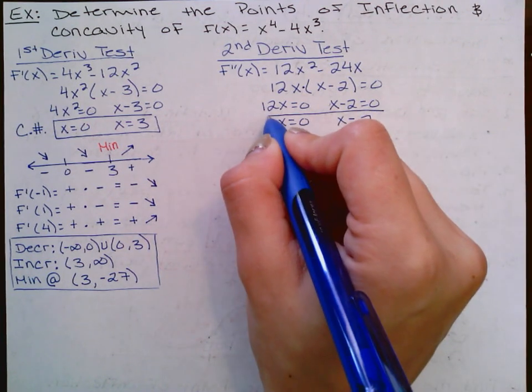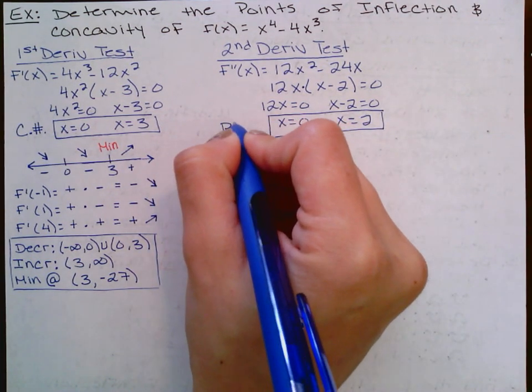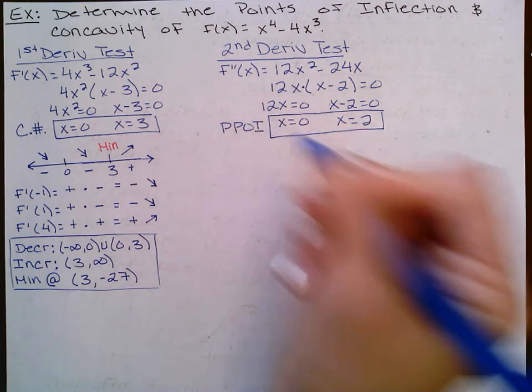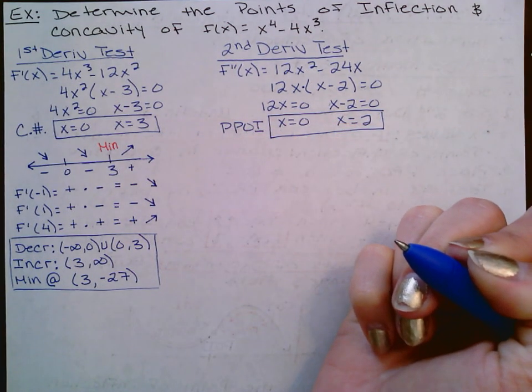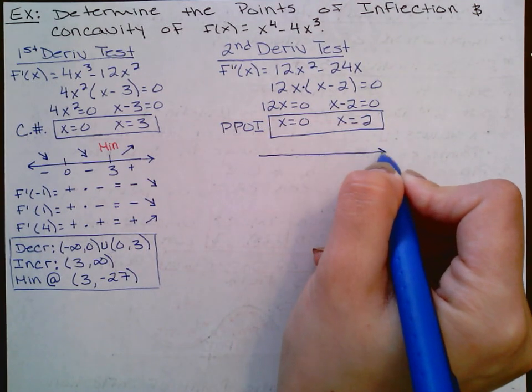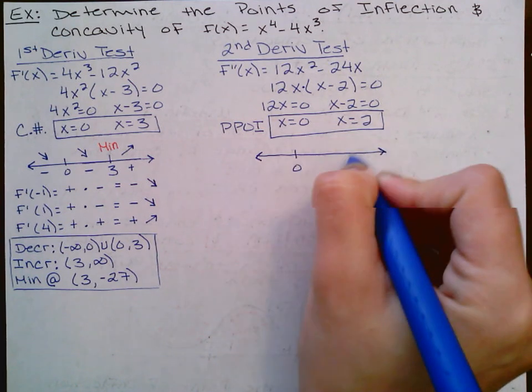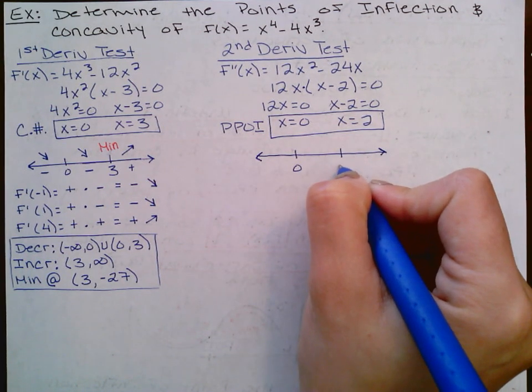And now in my second derivative, when I solve for the x, these are called my possible points of inflection. Okay? I'm going to put those numbers on a number line. I have 0 and I have 2.